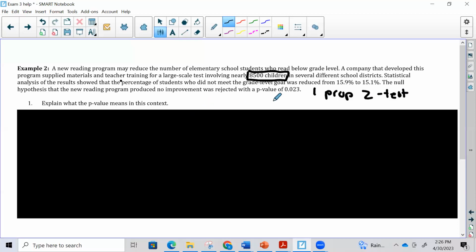If I was thinking about it, my null would be originally what it was. So the null would have been, sorry, I should be doing p because it's a prop z-test. The null would have been that it was 15.9%. Or again, I should usually write that as a decimal, so 0.159. And the alternative was that it was reduced. So the alternative in this case was p is less than.